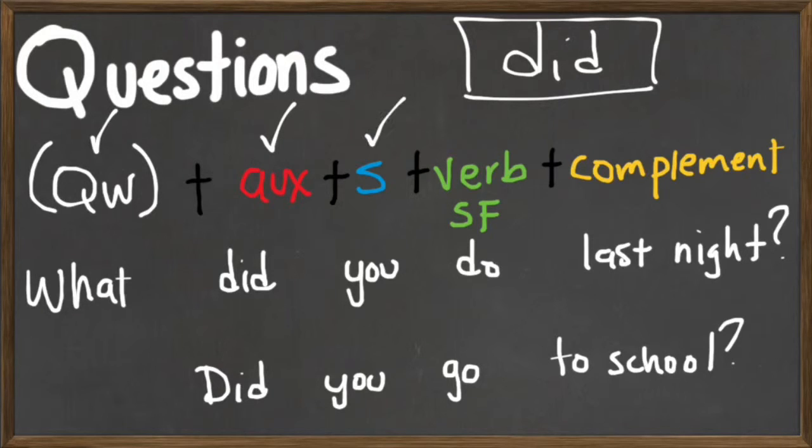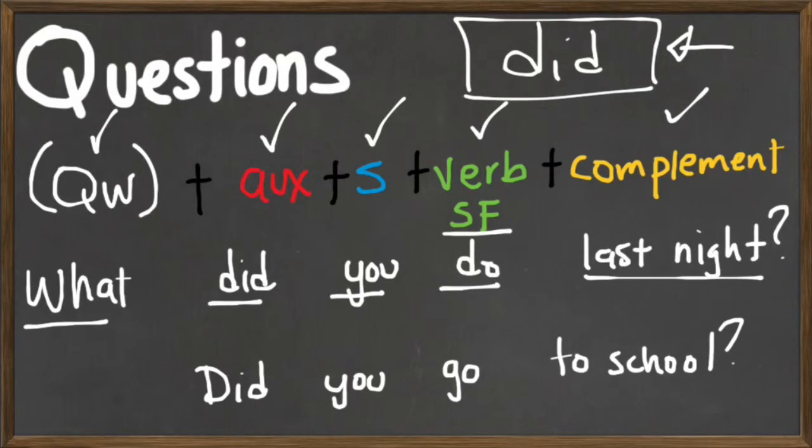We will then use the subject, and after the verb in simple form one more time, because we have the presence of did, and finally the complement. The result is as follows. Example number 1, what did you do last night? Question word, auxiliary, subject, verb in simple form, and the complement.